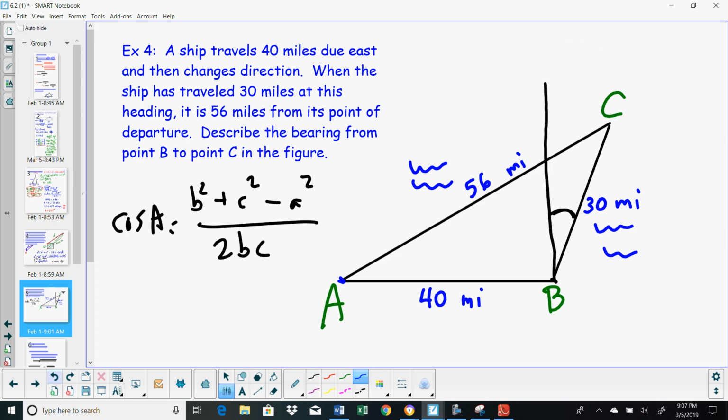So let's do that. I think what we really want to do is find this angle and that'll help us get the bearing.